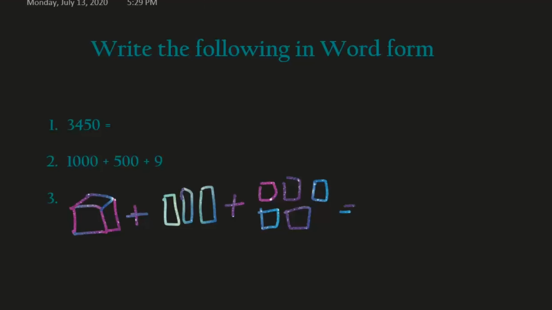Now, finally, we're going to write it in word form. This is going to be our last 3 questions. So why don't you try these out by yourself? Did you get a solution? Well, now let's try them out together. 3,450. What would that mean? 3,000.